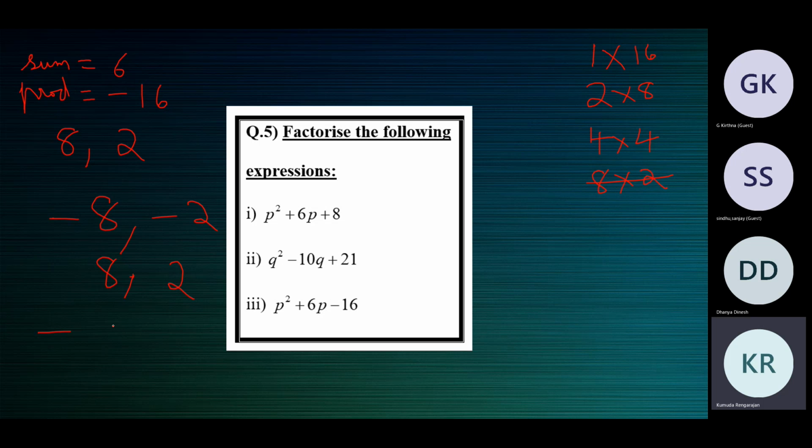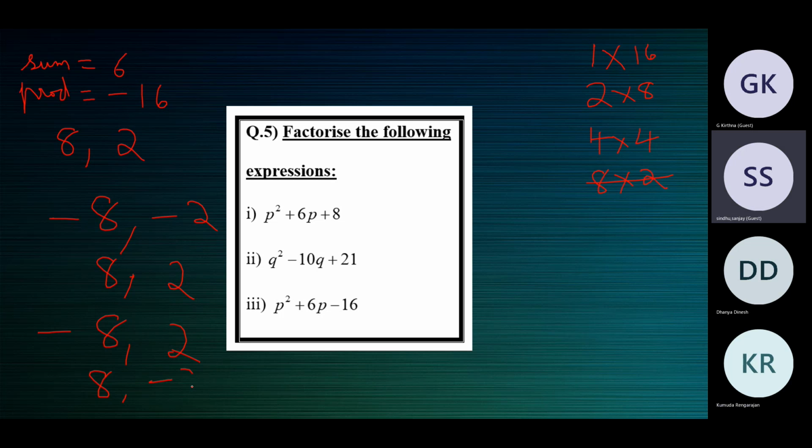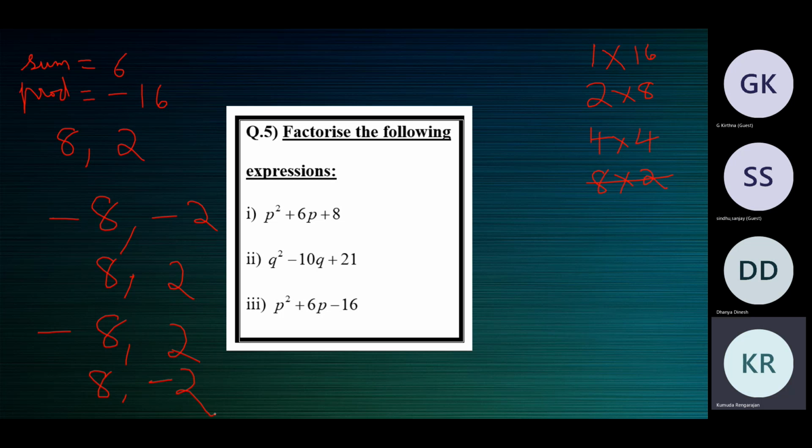Or minus 8 and plus 2? Or plus 8 and minus 2? It should be only one of these four combinations. Fix minus sign to both, fix plus sign to both, then one positive, one negative, then reverse it.